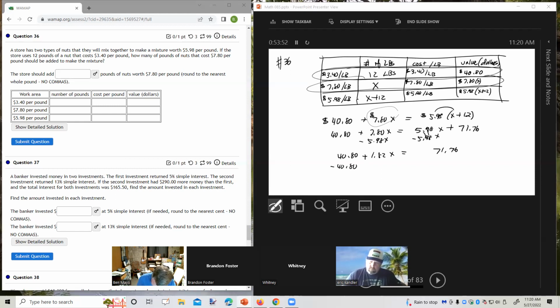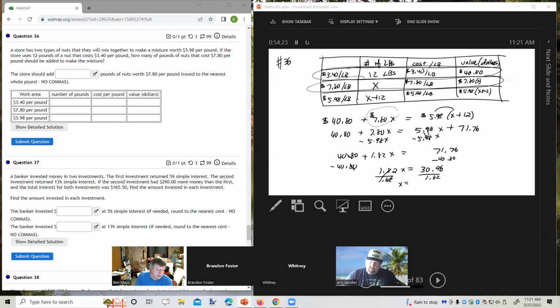Subtract 40.80 from both sides. 1.82x equals 71.76 minus 40.80, 30.96. Divide by 1.82. Oh, I panicked.